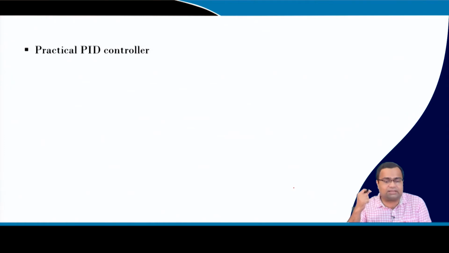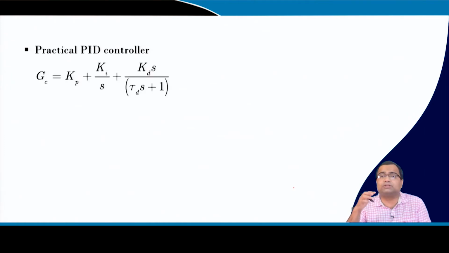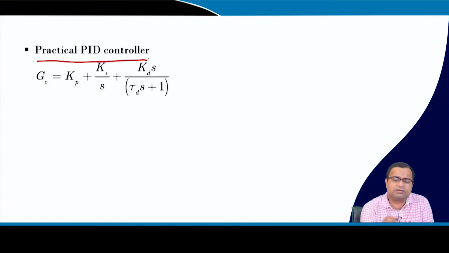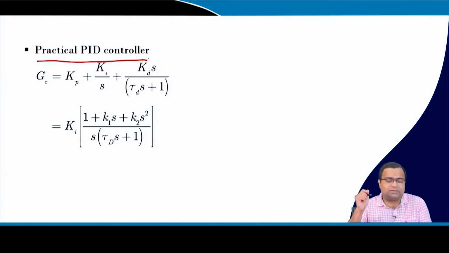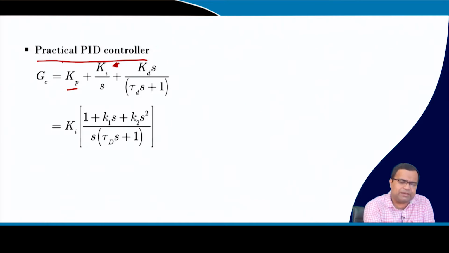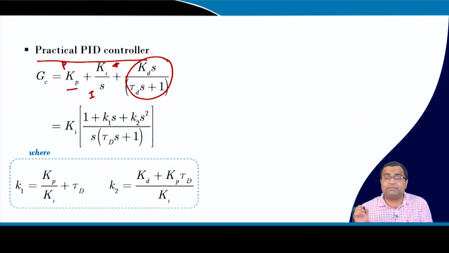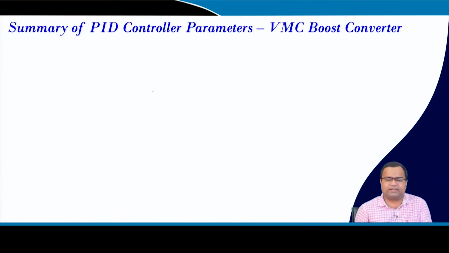And we have also discussed in that lecture that we can use a practical PID controller, where the structure of the practical PID controller is Kp, the proportional term, this is my P control, this is my I control, and this is my band limited derivative. So, it is a band limited derivative, this is my derivative control, where we have a derivative filter.